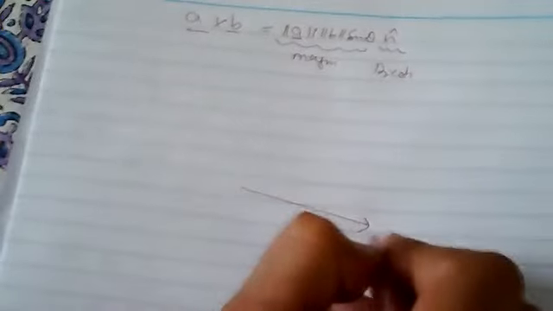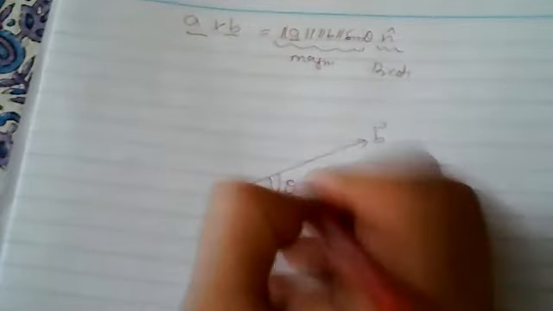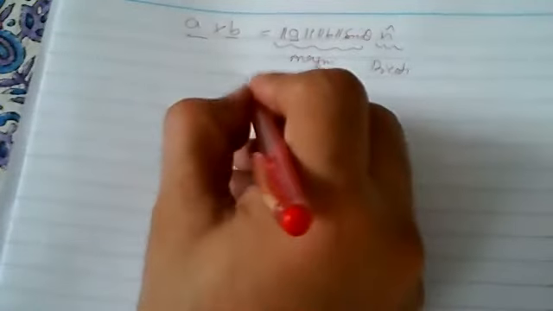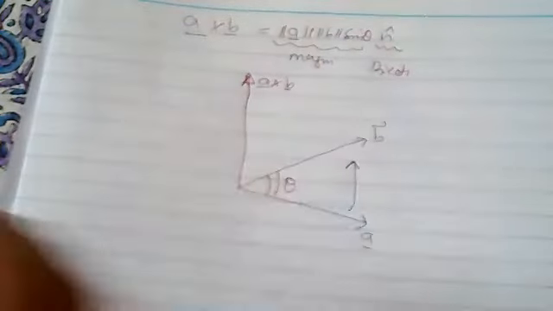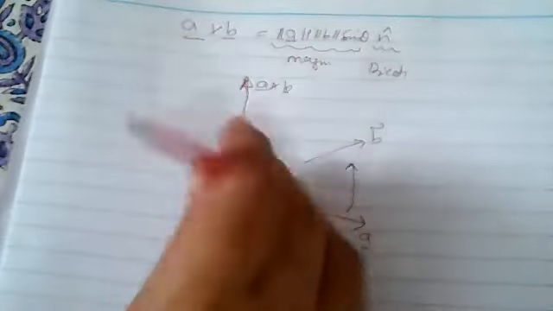If this is your vector A, this is your vector B, and theta is the angle between A and B, if we rotate in the anti-clockwise direction, then the resultant A cross B will be upward. It is normal to the plane. Suppose A and B lie on this page, then n hat will be like this.